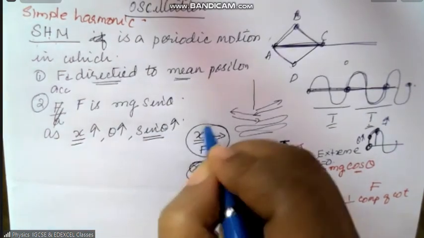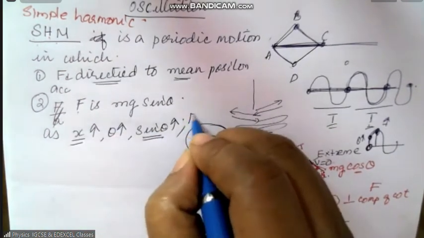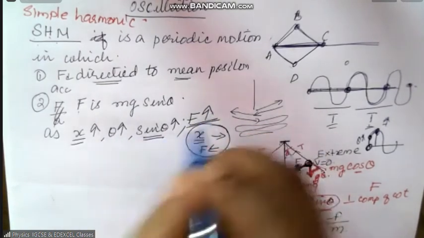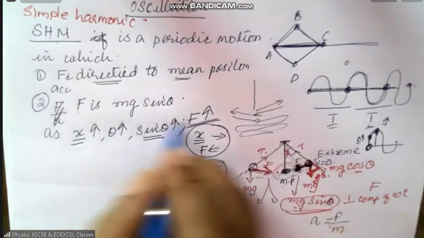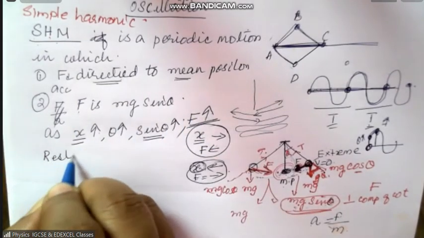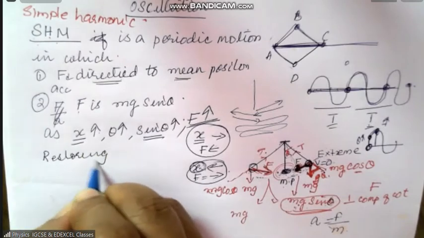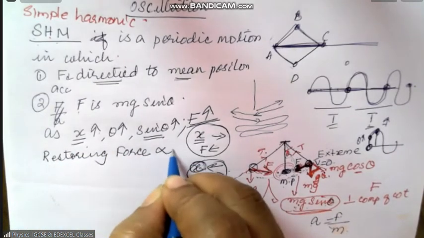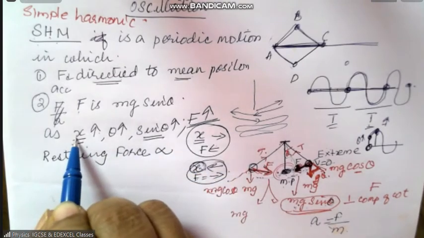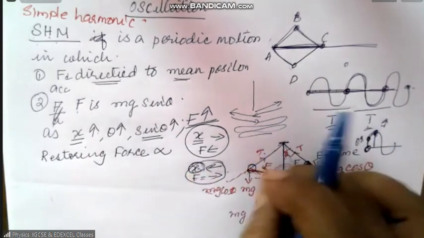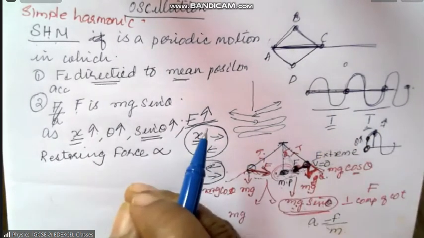If sine theta increases, what happens to force? Force also will increase. This is the second one. So how can we write the second one? The restoring force is proportional to the displacement. Understand? The smaller you pull, the smaller is the force. The larger you pull, the larger is the force.